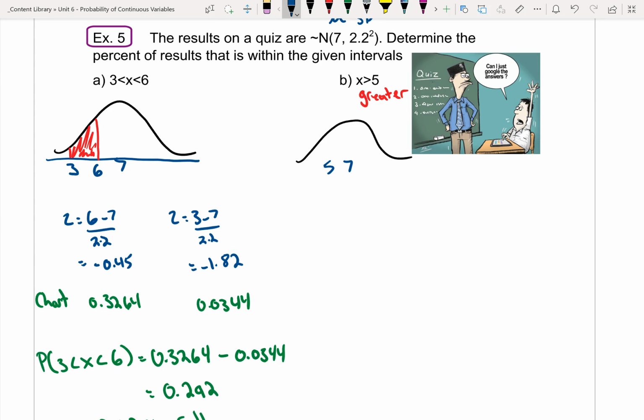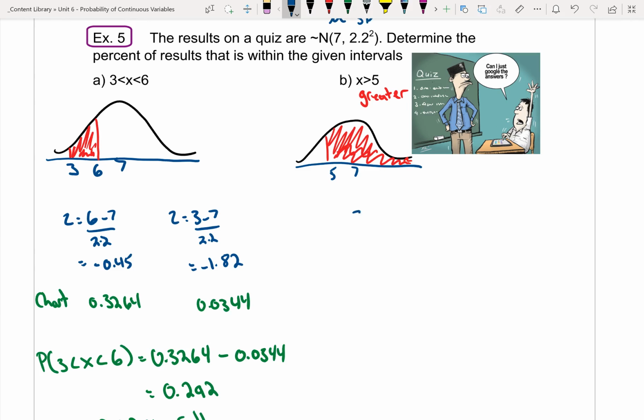I'm looking for 5, but instead of looking less than, I'm looking for greater. I'm trying to figure out what percentage of the values are greater than 5. So I'm looking for the area underneath the curve from 5 and above.